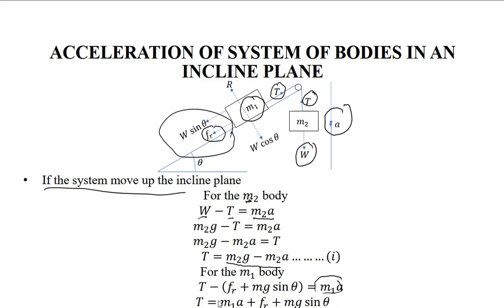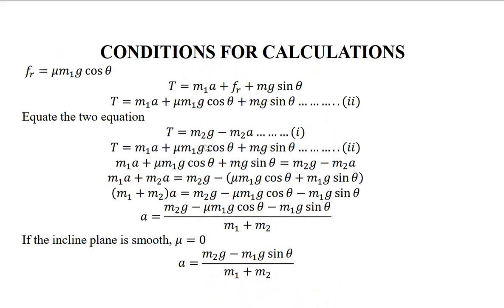If we make T the subject of the formula, we have M1A, that is mass times acceleration, plus frictional force plus mg sine theta as our tension on that body of mass M1. But we know that our frictional force for a body on an inclined plane is mu mg cos theta. Substituting that into our equation, we will have this equation 2.